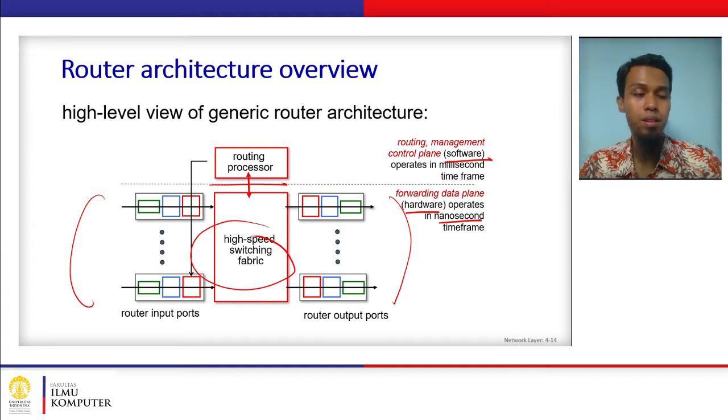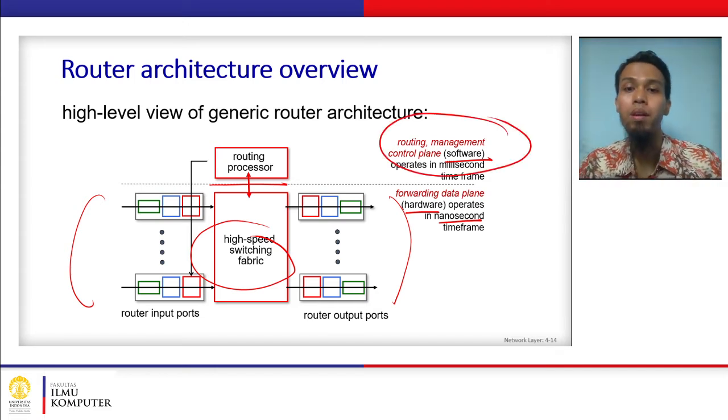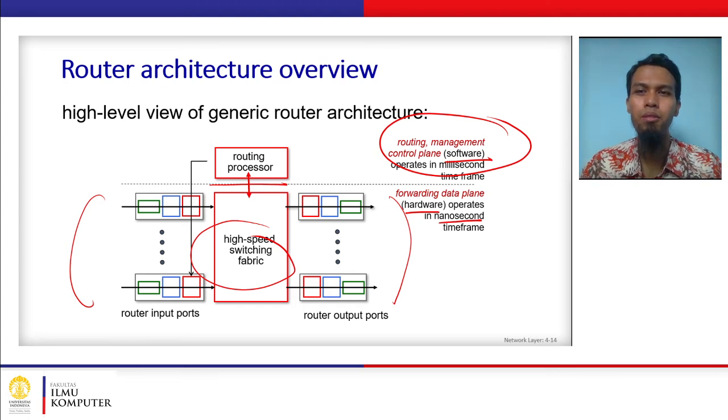So this definitely doesn't work. Basically, the control plane is running in parallel, and it has the results for all the possible combinations of IP addresses and so on, and it's running in a millisecond time frame. So it runs in parallel with the data plane.